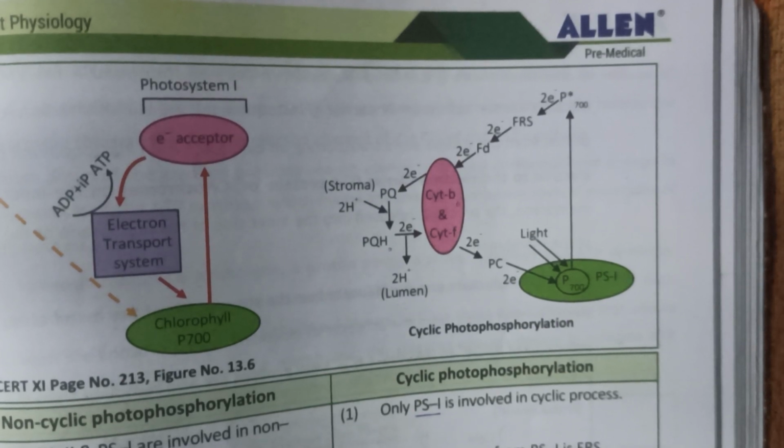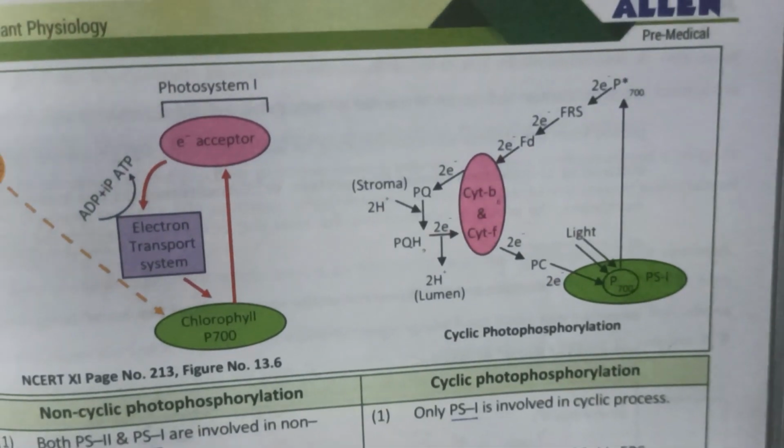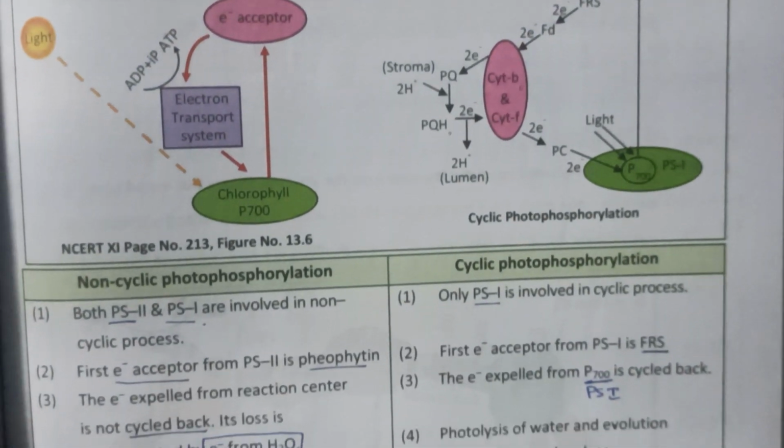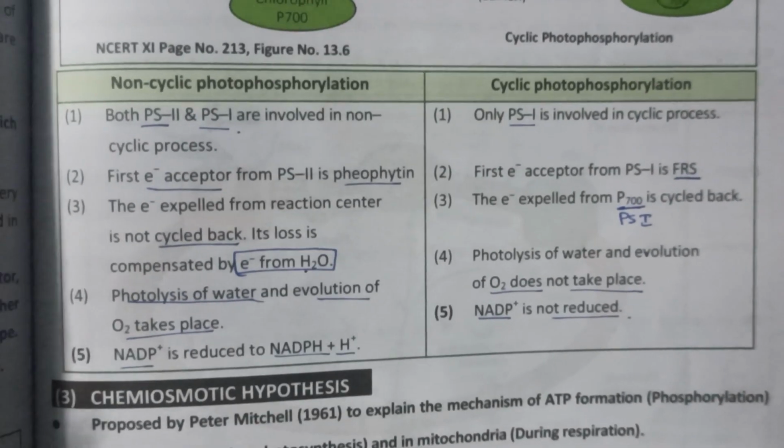That is the reason why non-cyclic photophosphorylation occurs in the grana, or thylakoids. So this completes the differentiation between cyclic and non-cyclic photophosphorylation.